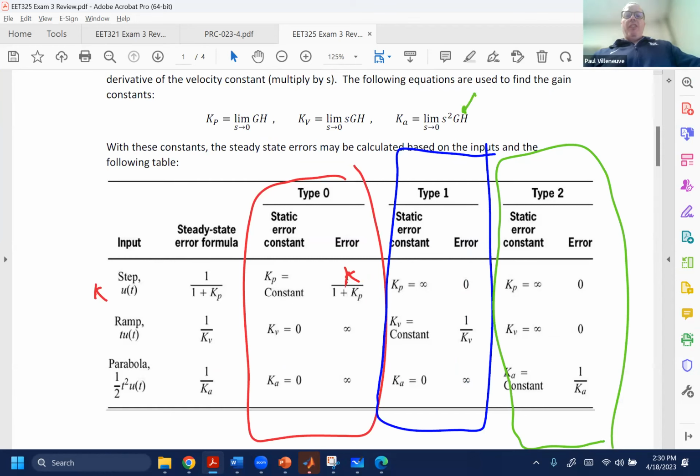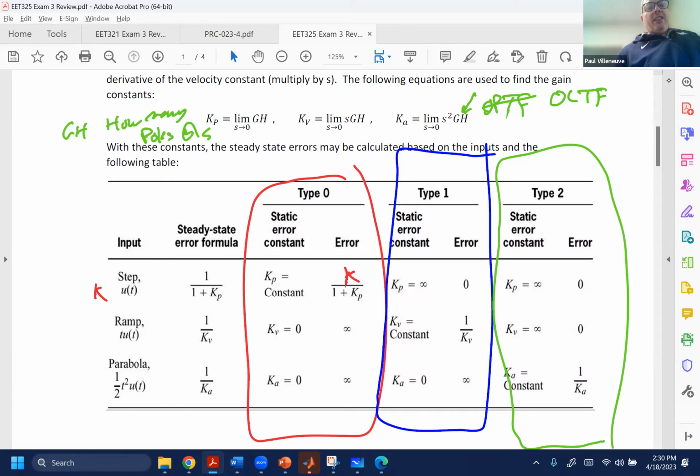Again, I'm just using the open loop transfer function. I said OP, I should have said OL. You use the three equations at the top to define type. Nope, the system type is determined by looking at GH and how many poles at s equals 0.